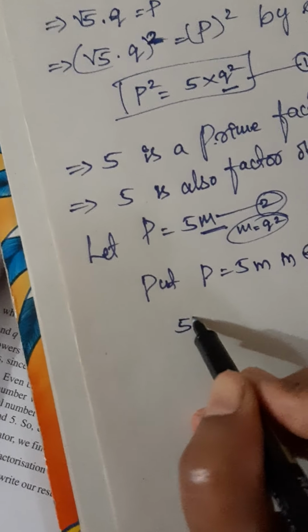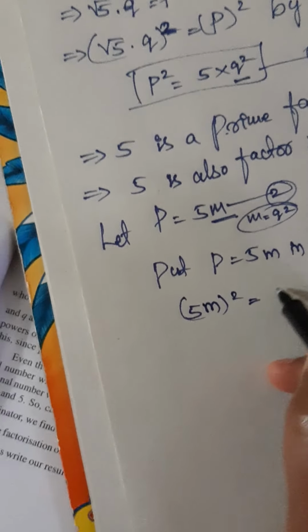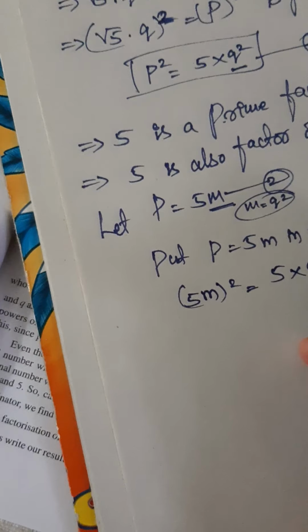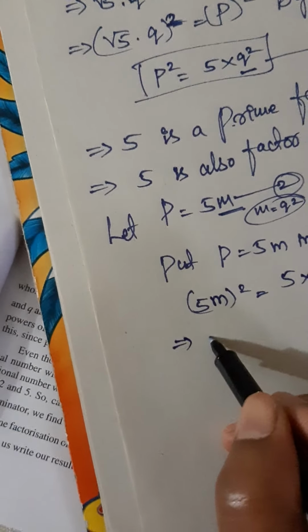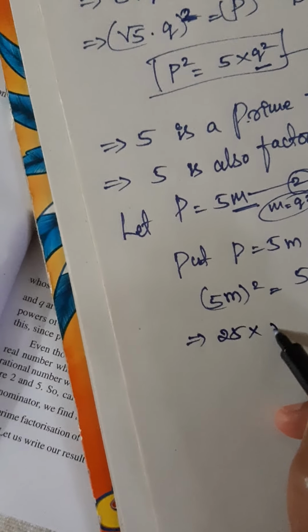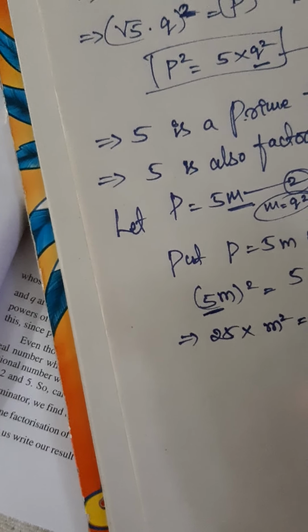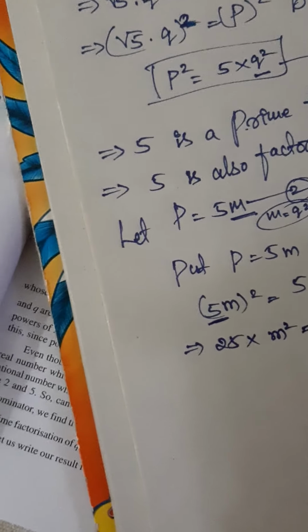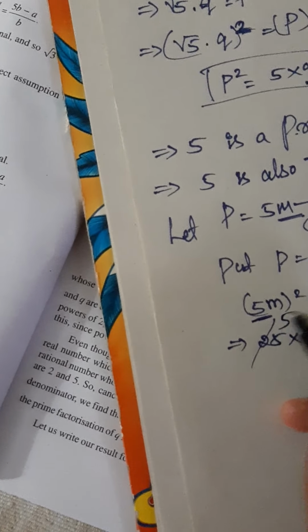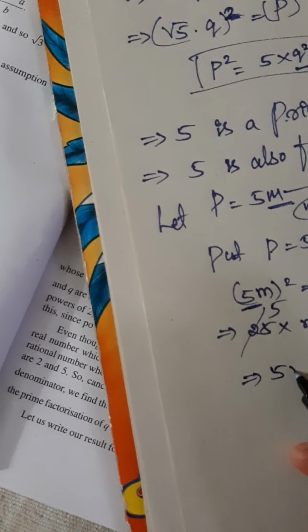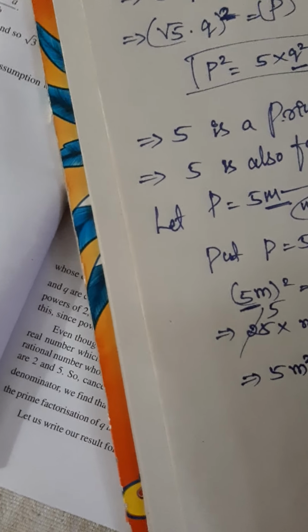Now 5m whole square is equal to 5 into q square. Therefore 25 into m square is equal to 5 into q square, because 5 square is 25. So here it will be 5m square is equal to q square.